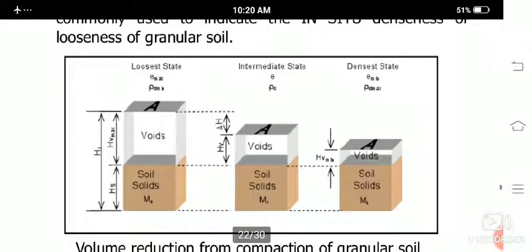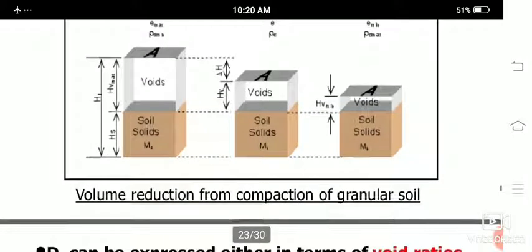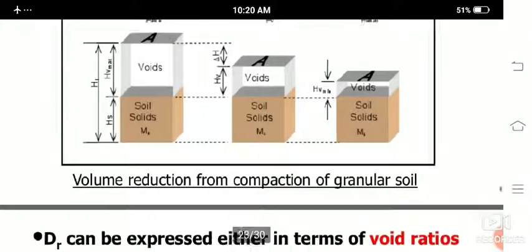As you can see in the picture, if it is loosened soil, how the void ratio will be there, and if it is intermediate soil, how it is considered, and if it is dense soil, how it is considered. That means the volume reduction from compaction of soil granules will be changing.